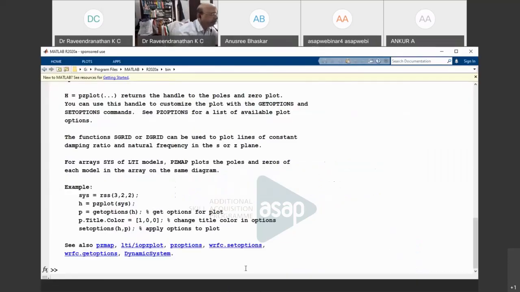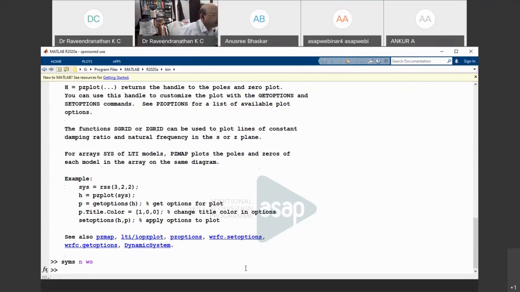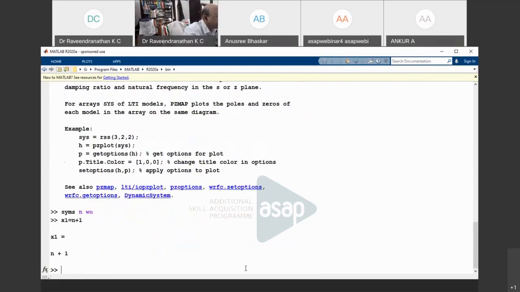Get back to this. Then x1 is defined as n plus 1. Now you can calculate the Z transform of that, the Z transform of x1.